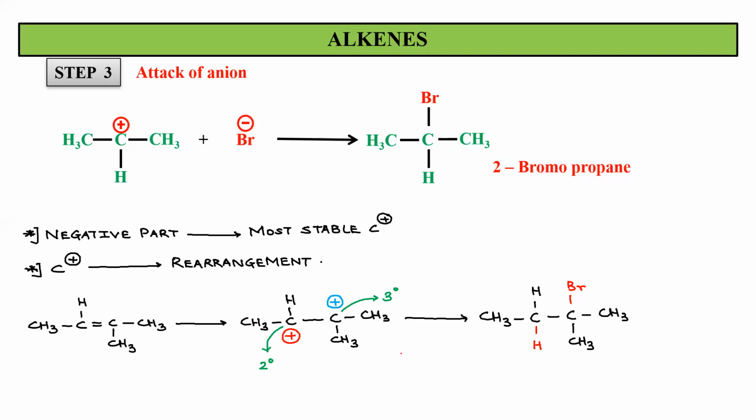You broke the double bond, thought that there is a positive charge on this carbon and on the other carbon, checked which of the two carbocations is more stable, determined that, and then added Br as the negative group to it. I hope the mechanism of Markovnikov's rule is clear in your minds now. One thing to keep in mind: if you can form a more stable carbocation, you will form it by rearrangement.